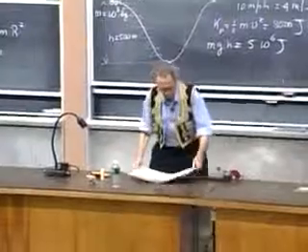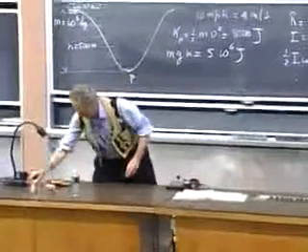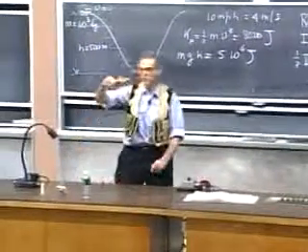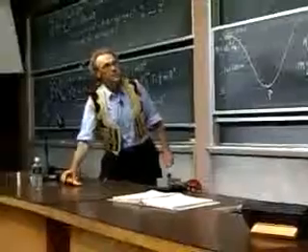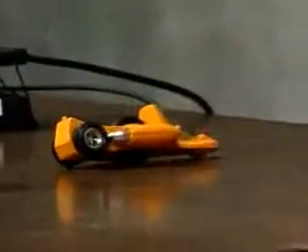I have here a toy car. I'll show it on TV first. And this toy car has a flywheel. Can you see it? The flywheel itself is the wheel of the car. But the idea is there.